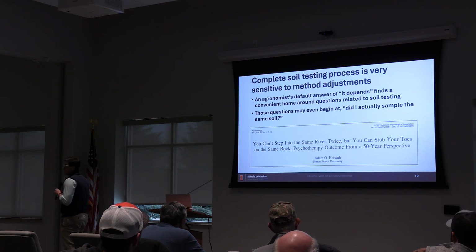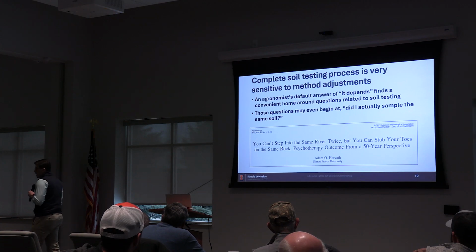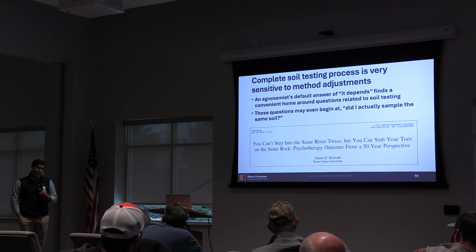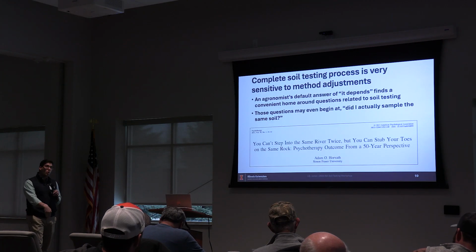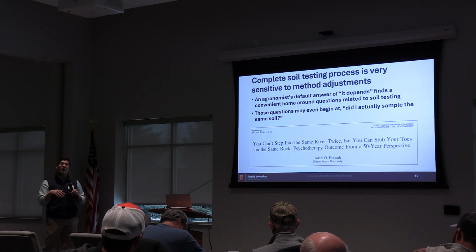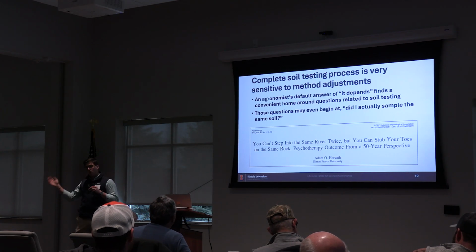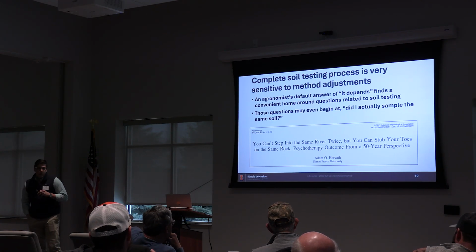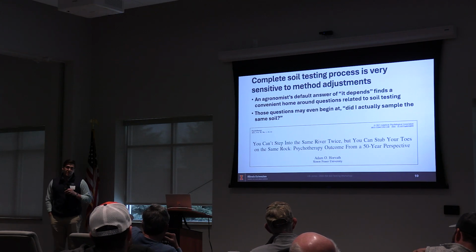You probably can't soil sample the same soil twice. Even in our 40-foot by 100-foot research plots, we're not pulling the same core from the same exact place every time. When we think about the error or variability with soil sampling and soil testing, expecting a response, there is a specific amount of error associated.